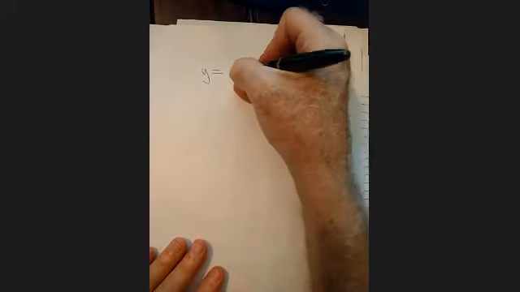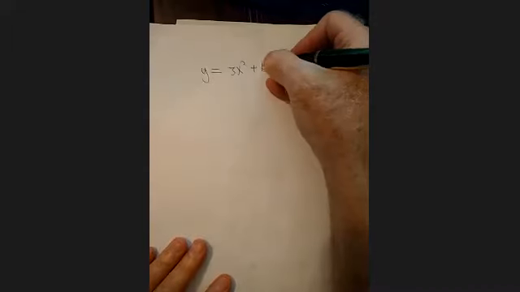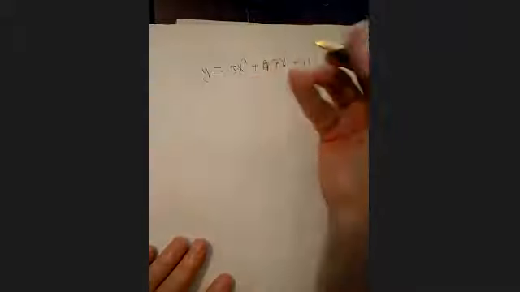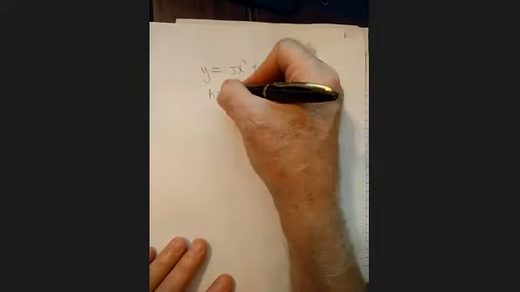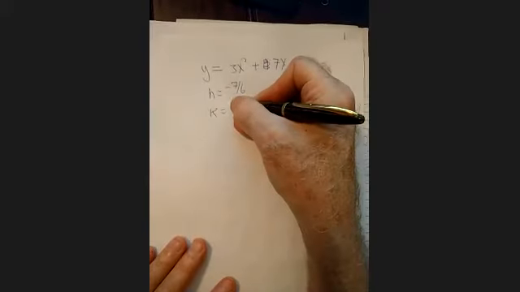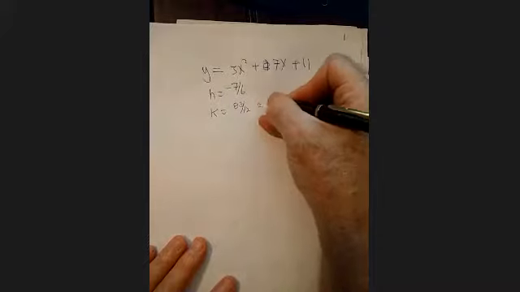We have y equals 3x squared plus 7x plus 11. We went through the work and we found that h was minus 7/6. K was going to be 83 twelfths, which is just under 7.